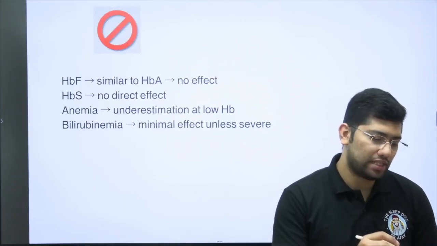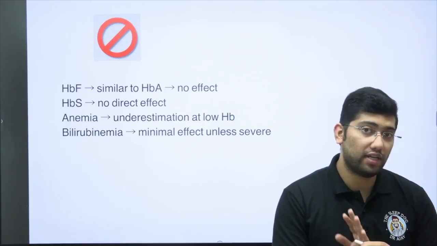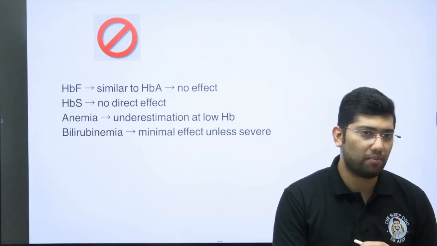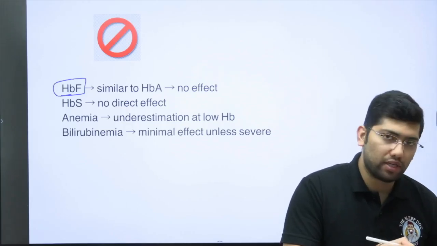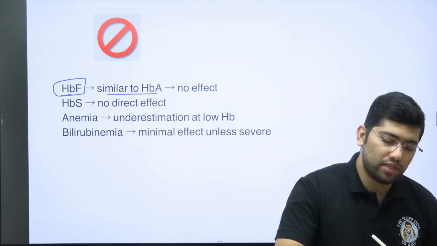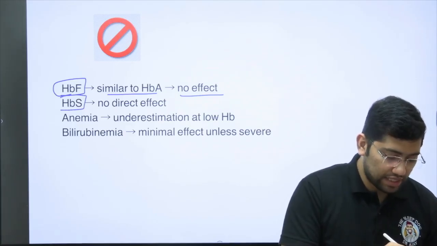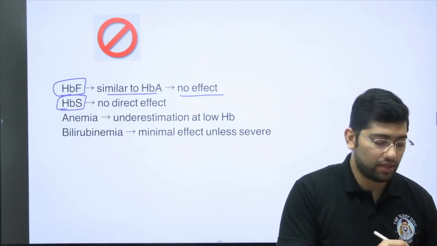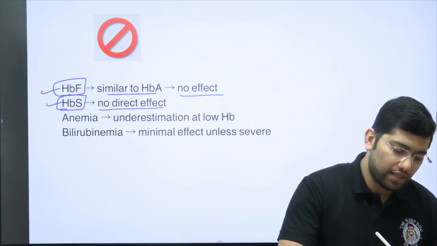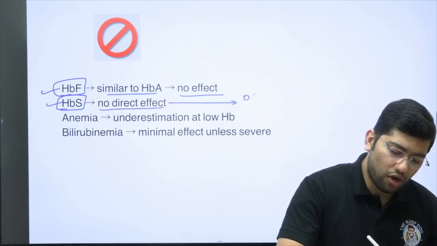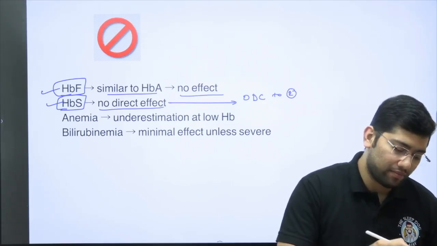Now let's come to the slides on the important question: which of the following does not have any effect on pulse oximeter readings? First is fetal hemoglobin, which is similar to adult hemoglobin, so there is no effect. Second, the sickle hemoglobins in sickle cell anemias. This does not have any direct effect. The only thing that happens here is the oxygen dissociation curve gets shifted to the right side.